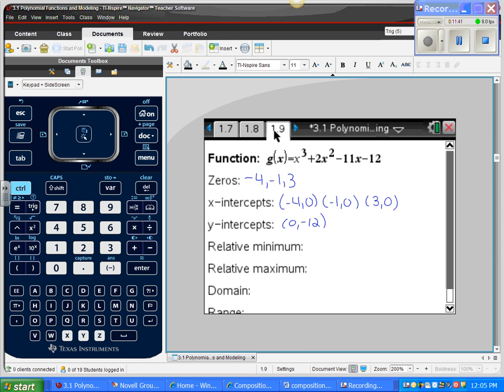My minimum was approximately (1.4, -20.7). And my maximum was approximately (-2.7, 12.6). Domain, again, was all real numbers from -infinity to +infinity, as was my range.